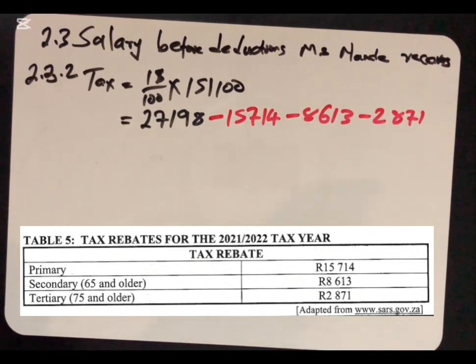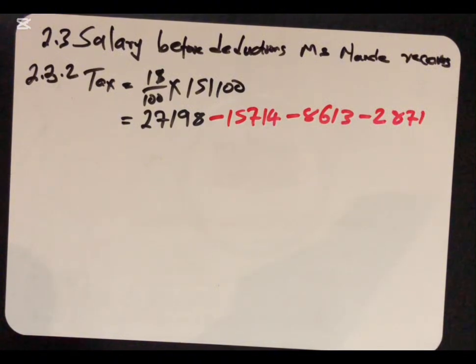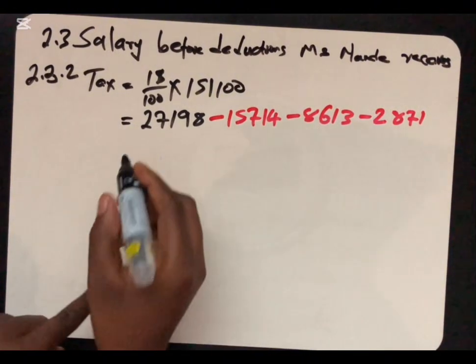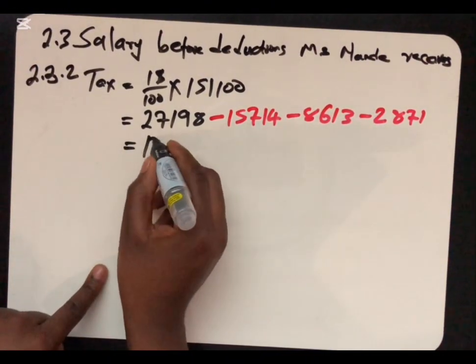So we have to remove the rebates from the actual amount this person should have paid for tax. So we are now going to say 27,198 minus 15,714 minus 8,613 minus 2,871. In this case, we can see that the difference is 0 rands.